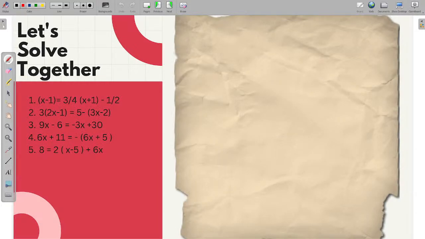Okay, let's try the first example. It is x minus 1 equals 3 by 4 into x plus 1 minus 1 by 2. Now according to the rules, I'll have to multiply these numbers with something, right? So that the denominator should go away. So what if I multiply both sides by 4? Let's try that.